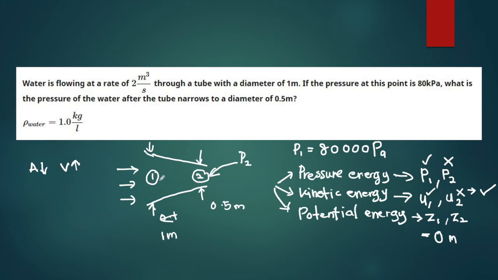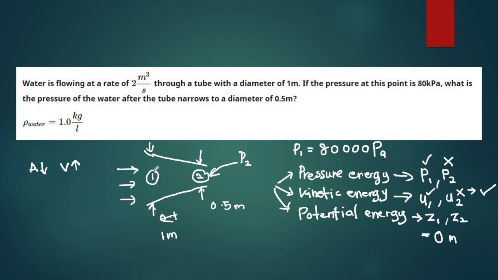So let's take a look at this velocity. We have to find the velocity at point 1 by using 2 meter cube per second. We can actually calculate both velocities, since the question gives us the value of the volumetric flow rate.